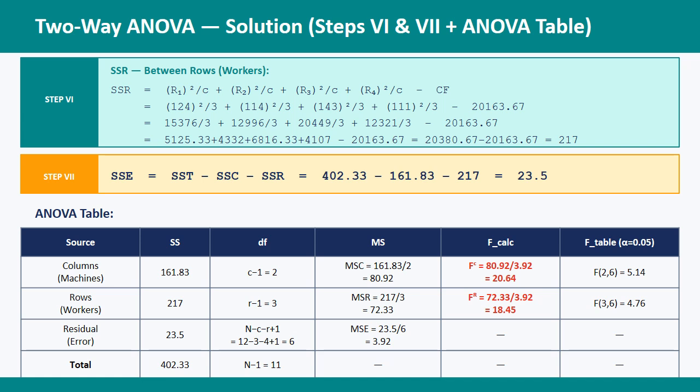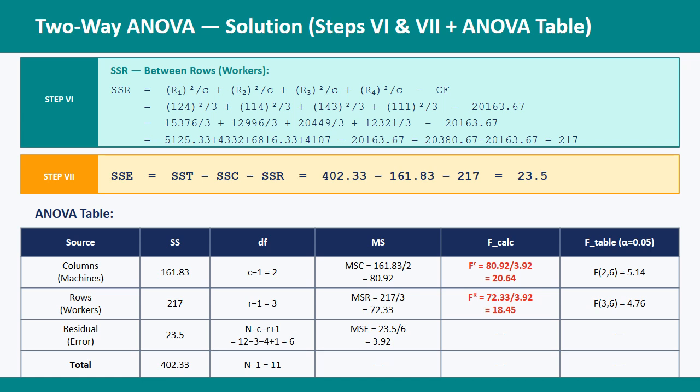And the next step is finding the sum of squares between the rows. In the given sum, workers represent the rows. Similar to SSC, the value of SSR is going to be 217. For SSC and SSR in two-way ANOVA, we have to remember one thing. Here C represents the total number of elements in each row, and R represents the total number of elements in each column.